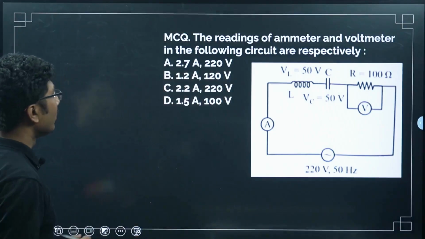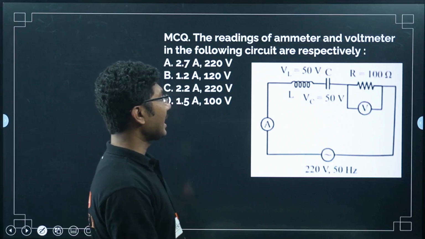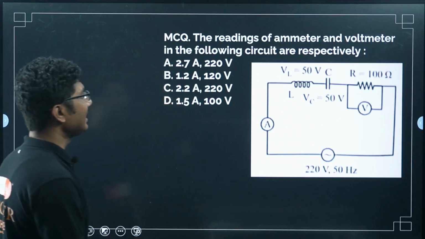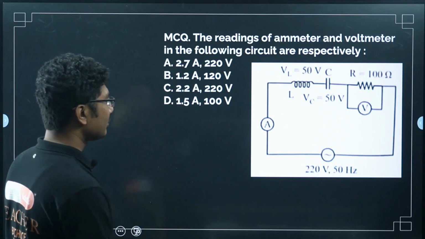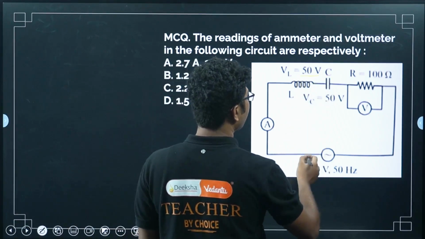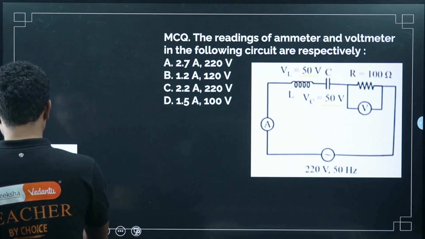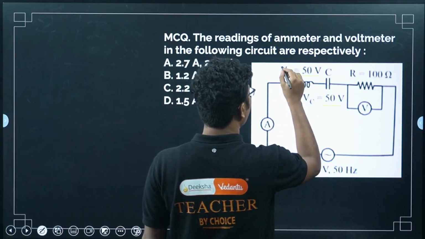Now let's move on to solve one more problem. The readings of ammeter and voltmeter in the following circuit are respectively. They have given you the values of VL 50 volt, VC 50 volt and VR 100 volts. Let me clear that if you are not able to see it.